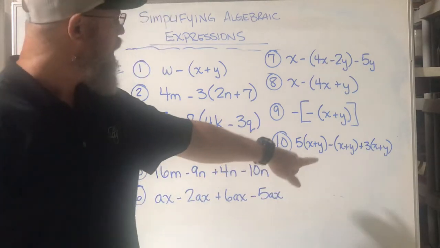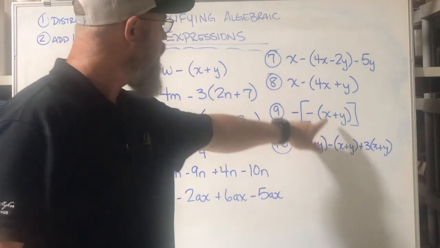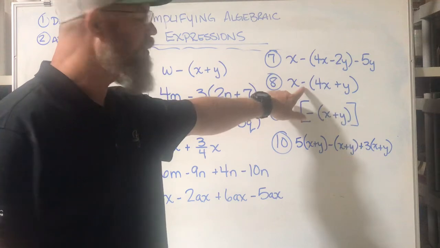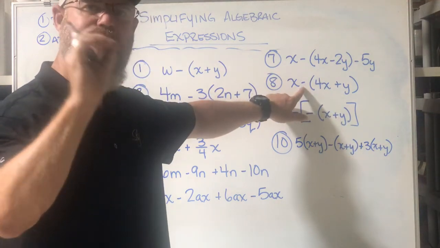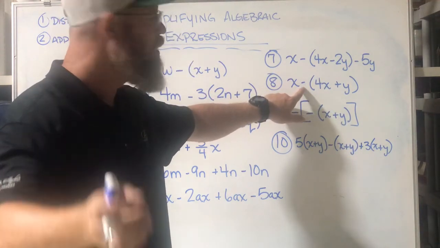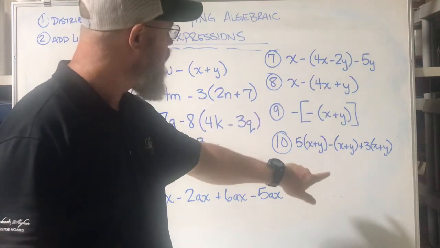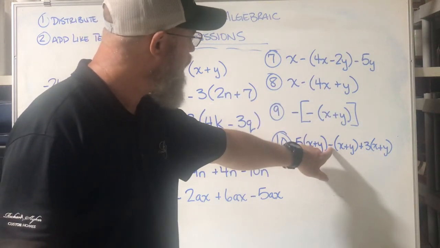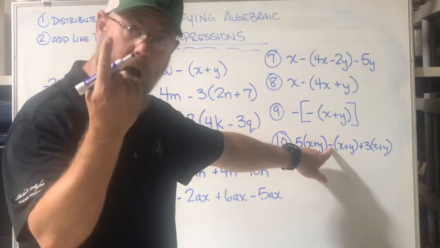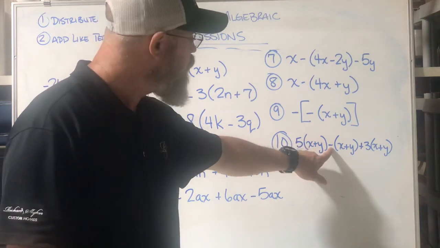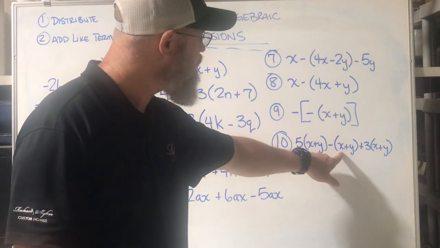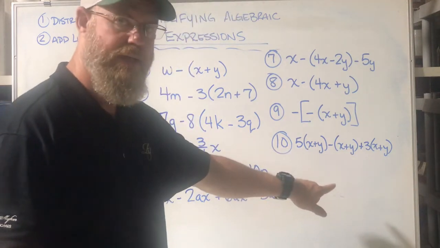All right, now remember on this one right here, also on these guys right here, do not forget that you have to distribute your negative into each one. Okay, so for instance, on this one, I've got a negative 1, and I'm going to distribute it to a positive x and a positive y.